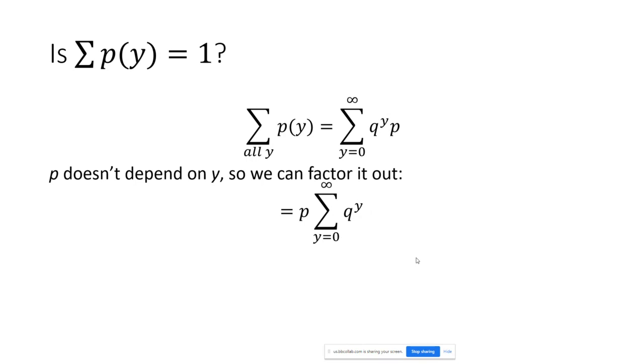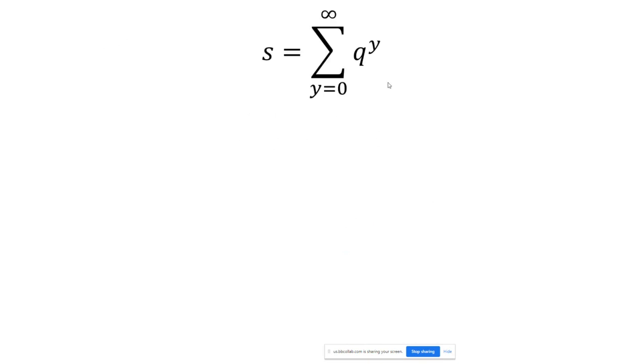So now let's call this summation of q to the y s, for sum, so we can work with it separately. So we have s is the sum of q to the y. Let's write that out, expanding the sigma notation.